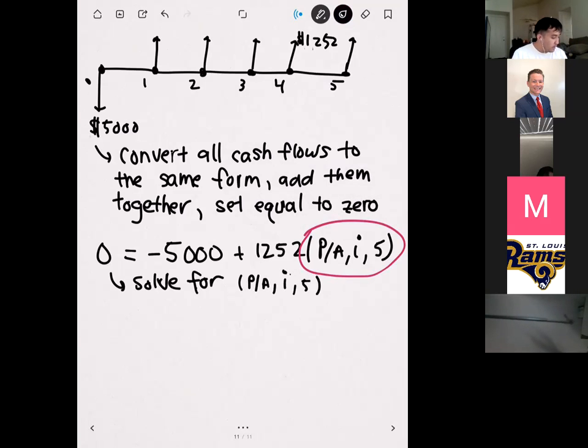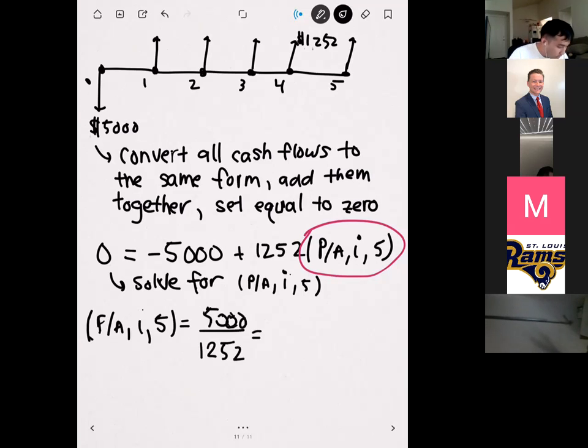If we add 5,000 to the other side and divide by 1,252, then we get P over A, i, 5 is equal to 5,000 divided by 1,252, and we get 3.994.